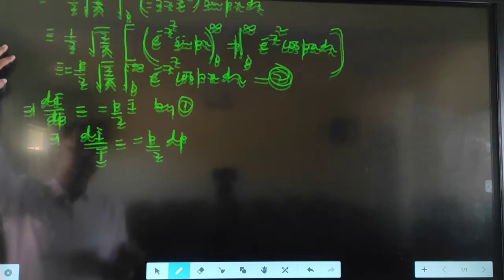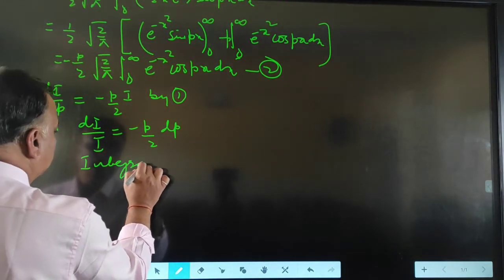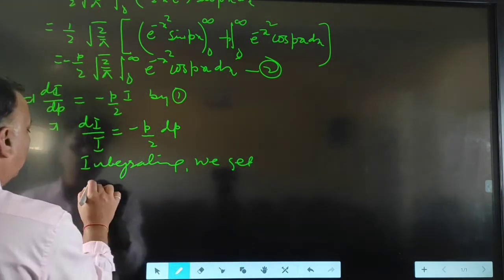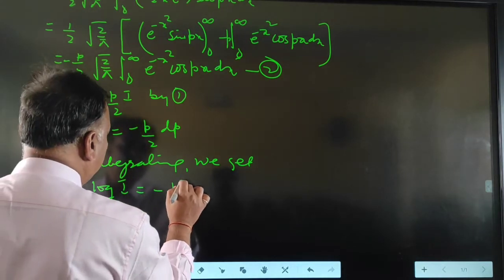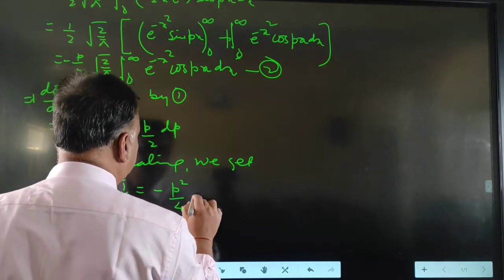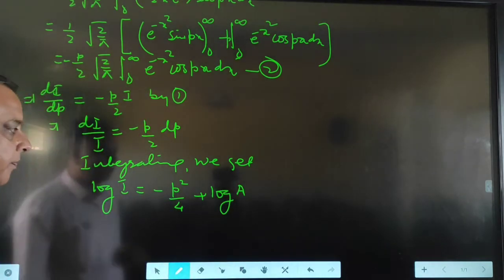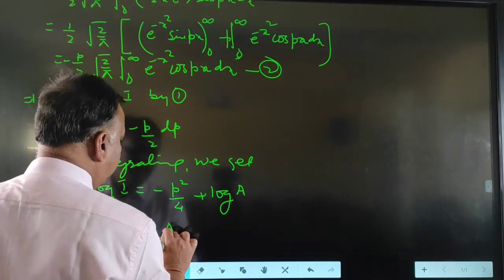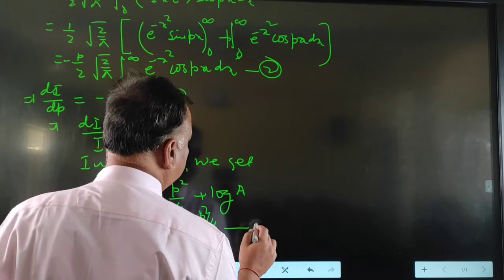Integrating, we get log I is equal to minus p square by 4 plus log of a. Or this can be written as I is equal to a e raised to minus p square by 4. Number 3.